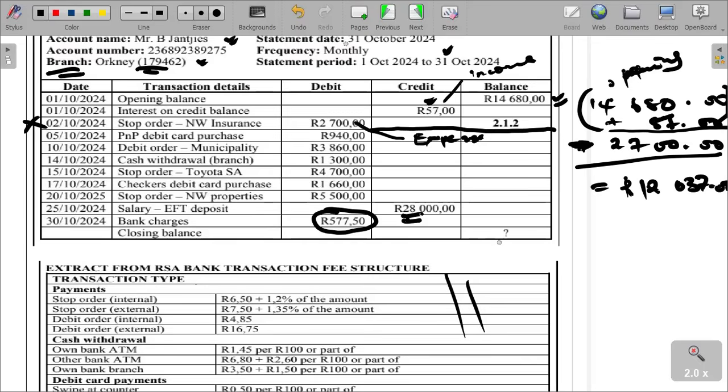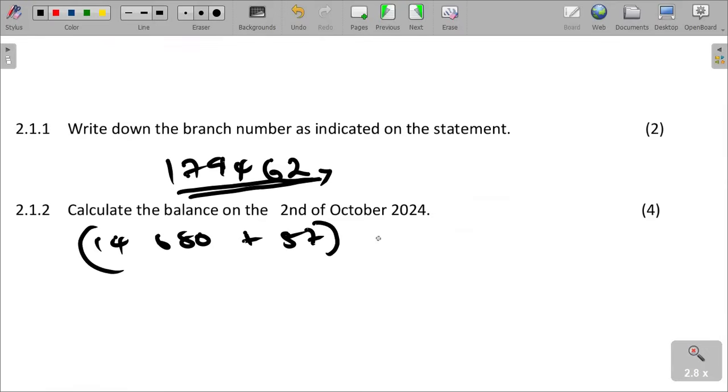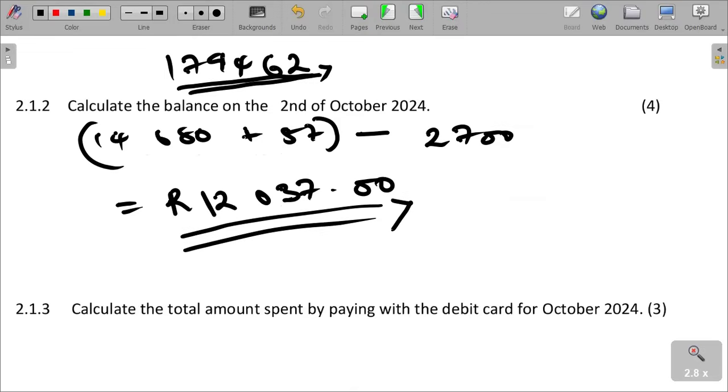So what we are saying is that when you go to the question, the balance on the second is 14,680 plus 57 minus 2,700. And then what you get is 12,037 rand, which is our balance on the 2nd of October.